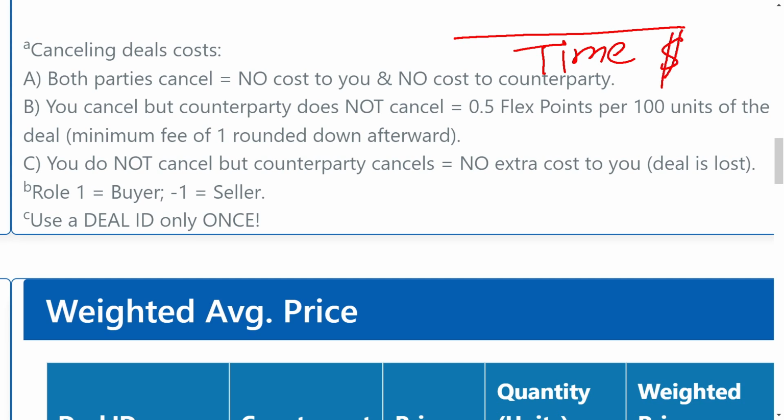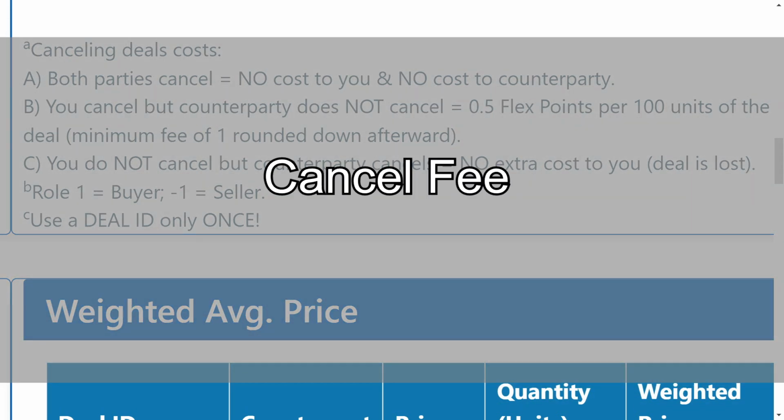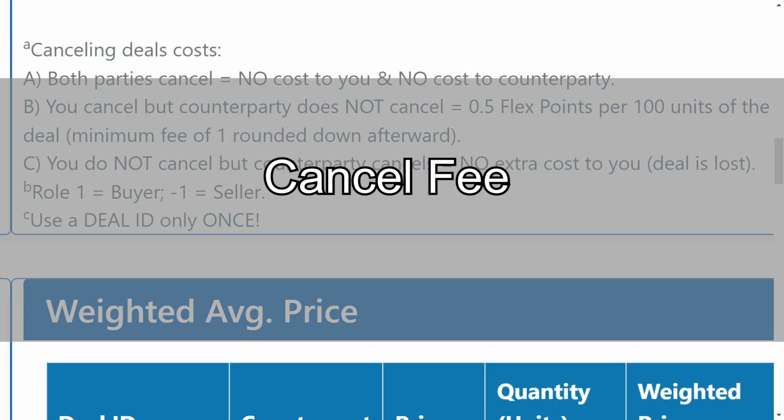So, in this game, the way we do this is we simulate that you can cancel a deal and the other side does not agree. And they could sue you, but that would take a long time. So we're going to make it a little bit more simple and just have a fee associated. Now let's pay attention to what the fee is.